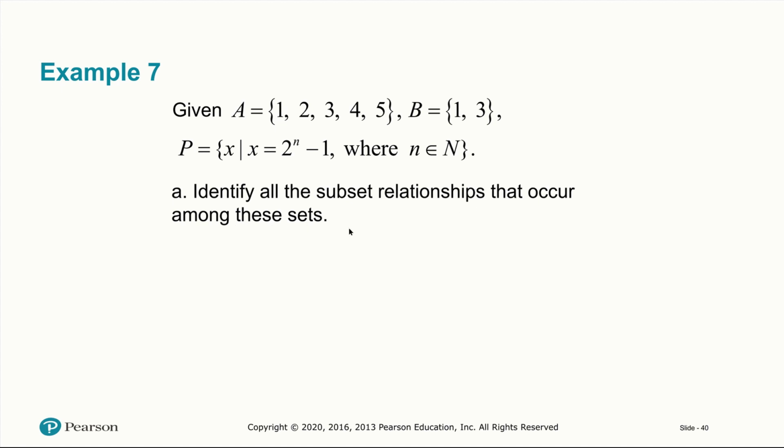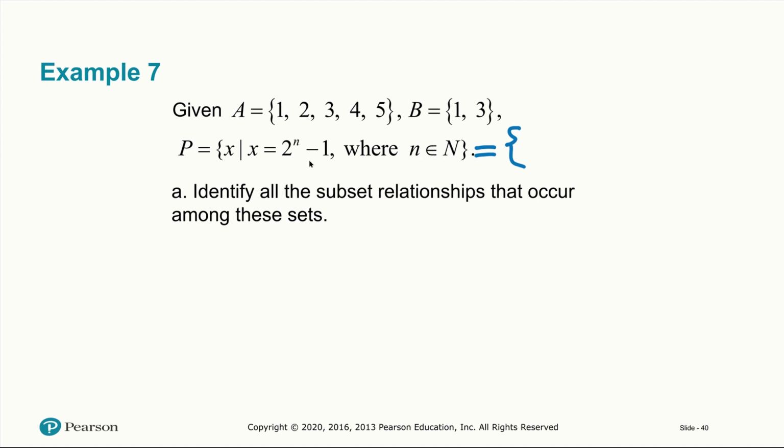So you can obviously guess that the first thing we're going to do is try to write this set in roster notation, or listing notation, because it gives us a better feel for the set that way. So let's go ahead and write out what P is in terms of its actual members. Now, we know that it's all elements x such that x has this form, 2 to the n minus 1, where n belongs to N.